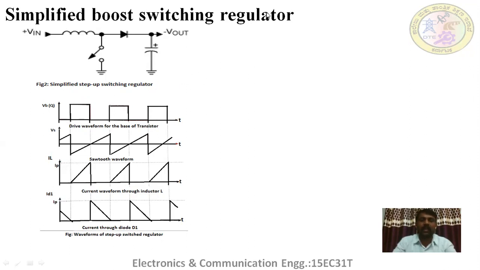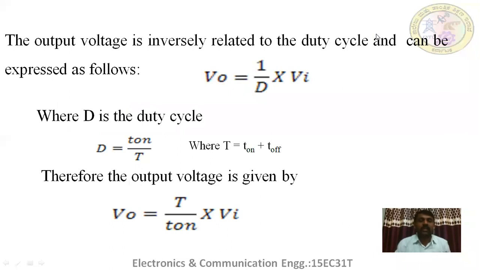Let me move on to the next slide. What is the output voltage and how is the output related? So here also the output is taken as average output, and this output voltage is inversely related to the duty cycle.